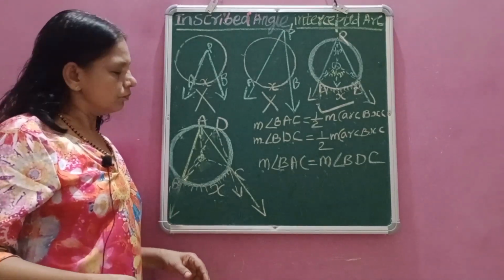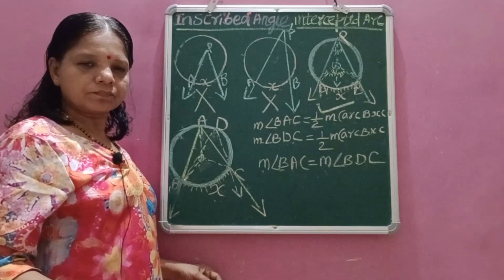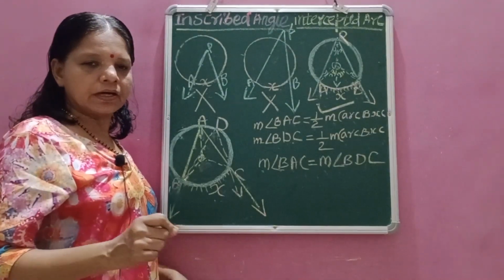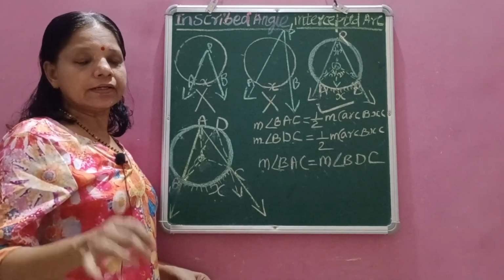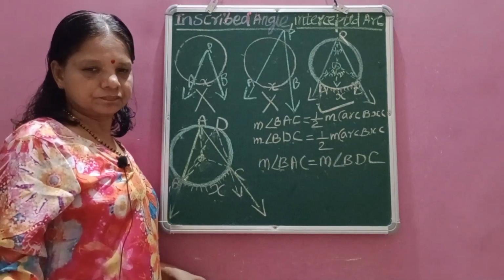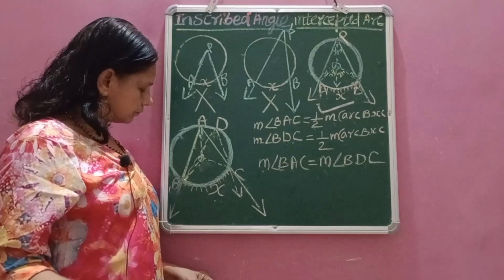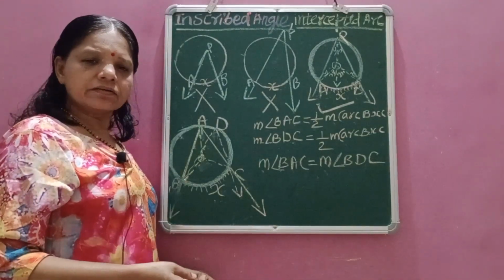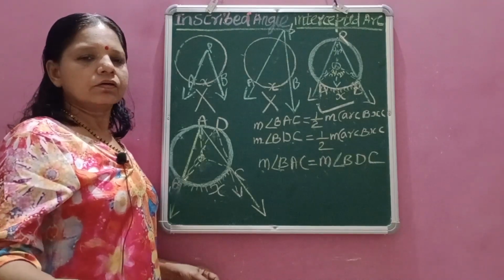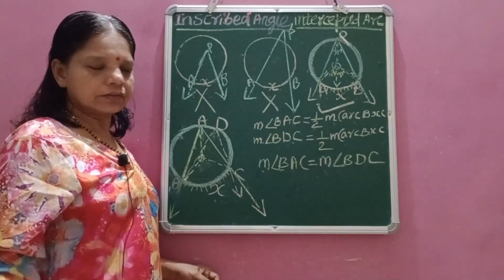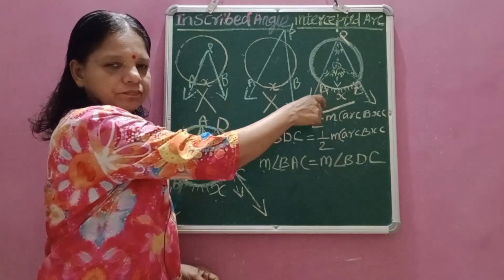Clear? So, what is the relation? Measure of an inscribed angle is half the measure of the corresponding intercepted arc. And angles inscribed in the same arc are congruent. Clear? That is obtained from this relation only.